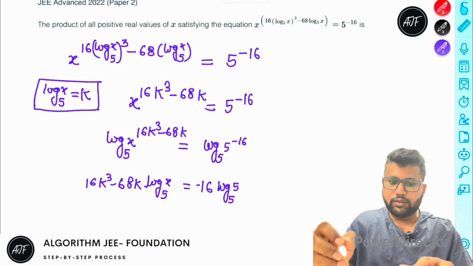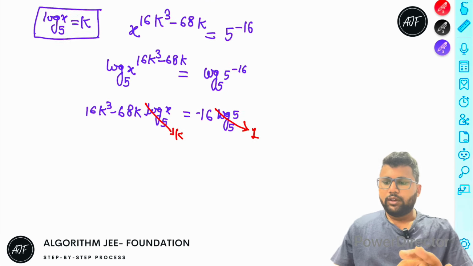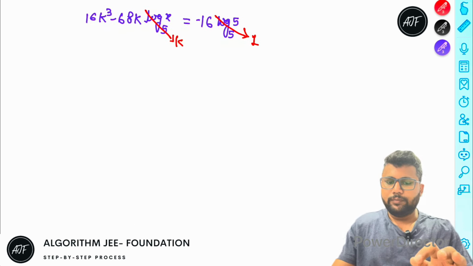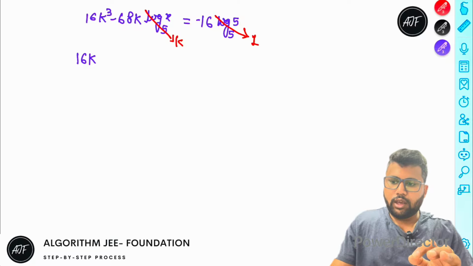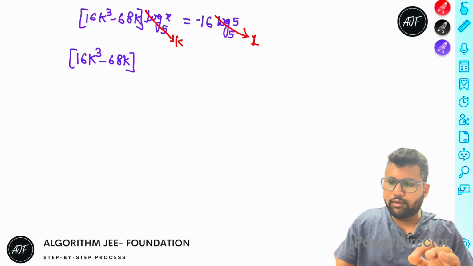Now you see that this one is 1 and this one is k, right? So if you put that value, now see 16k cube minus 68k whole bracket, whole power is 1, after that k is equal to minus 16.